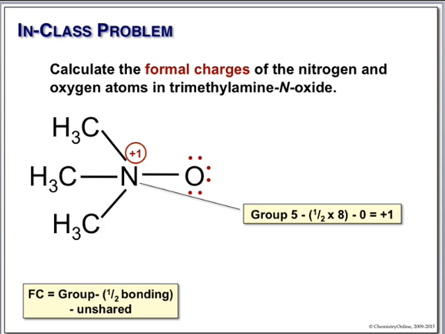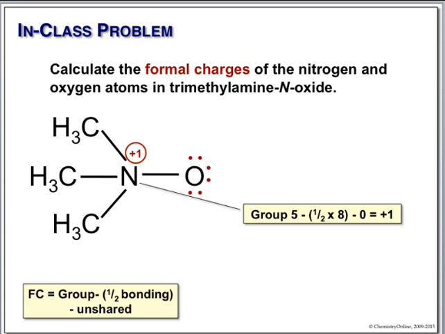Group 5, minus 4. We're left with +1. Our nitrogen has a +1 formal charge. Why is it 8? We have 1, 2, 3, 4 covalent bonds, 8 electrons.